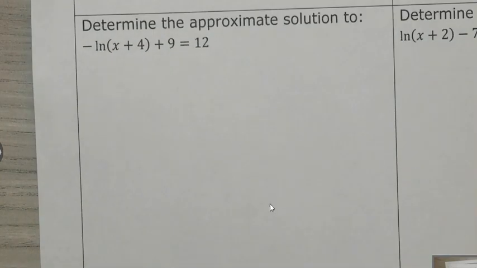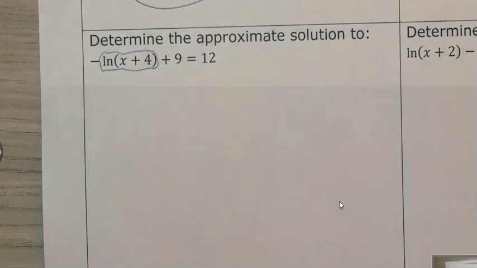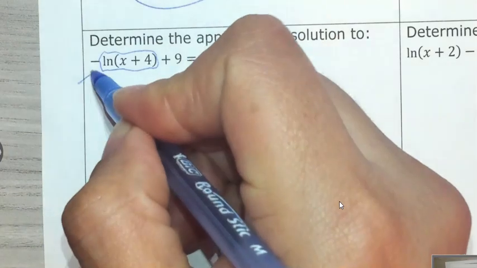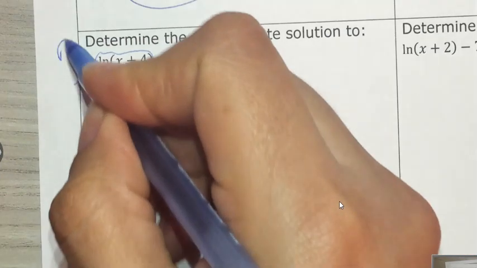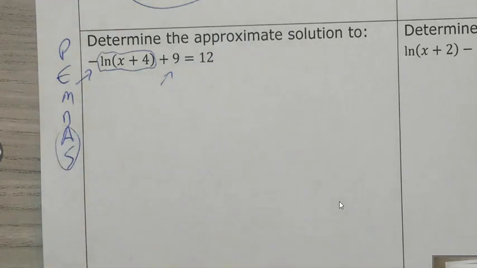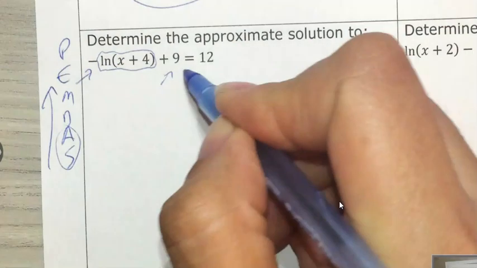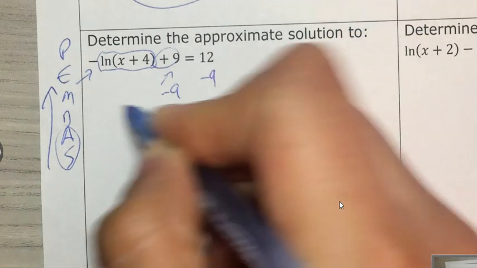We have ln, natural log. So we're trying to isolate the natural log with the argument of x plus 4. And we have a negative in the front and a plus 9 after. So following PEMDAS, we are going to do adding and subtracting first because we're going backwards. So this has to cancel. Minus 9 minus 9.